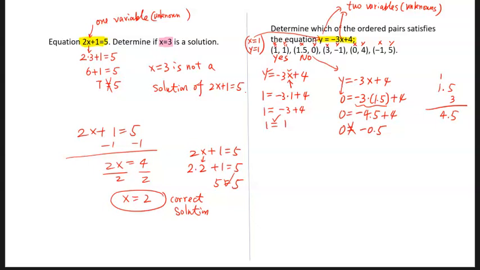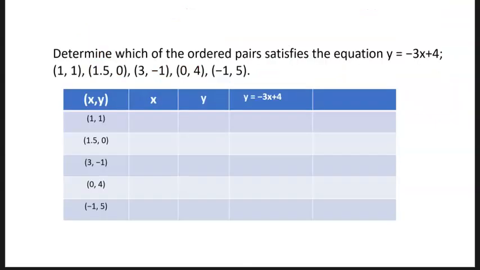The other way to do it, if you want, is to make a chart, which is probably going to be more clear. First I copy down all these given solutions: 1, 1; 1.5, 0; 3, negative 1; 0, 4; and negative 1, 5.